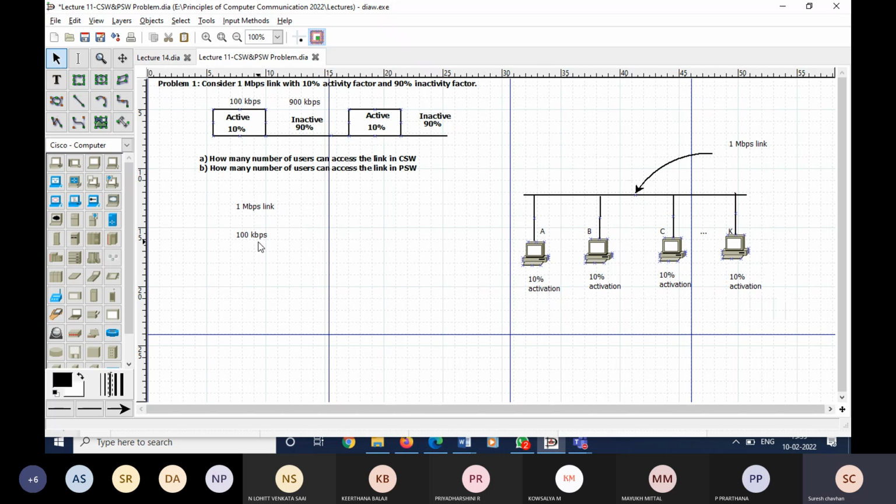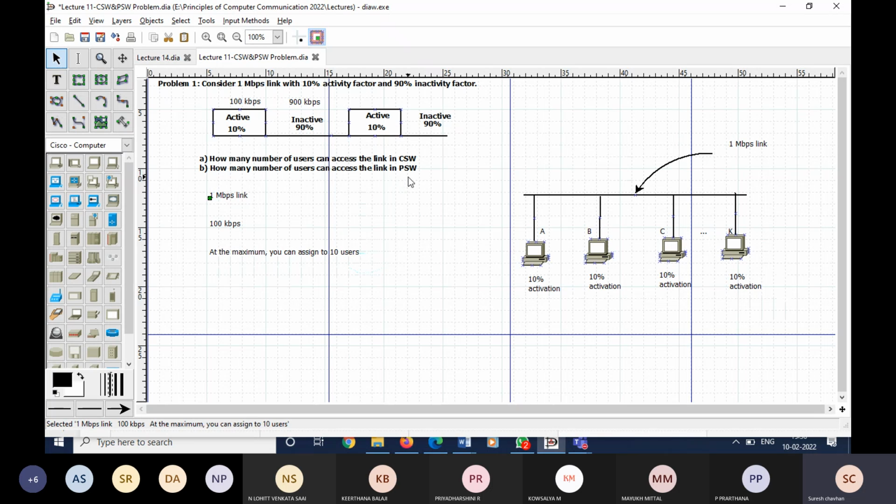If you do 1 Mbps divided by 100 kbps, at the max you can assign to 10 users. Got it? The 1 Mbps link is there, and for all the users I assign 100 kbps, and at the max you can assign to 10 users. So this is the circuit switch network. No issue, this is the maximum I can assign.